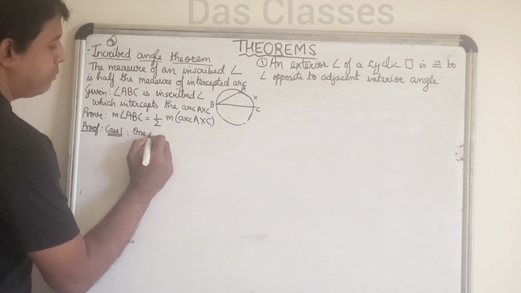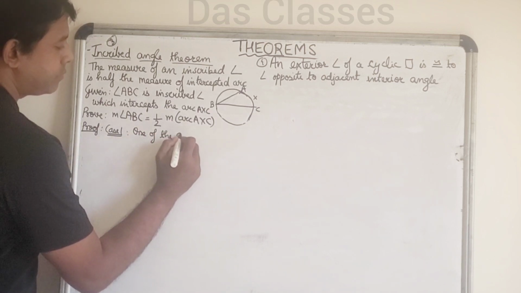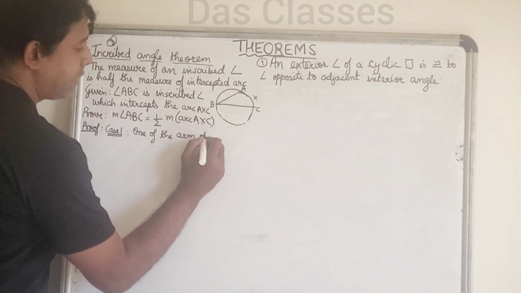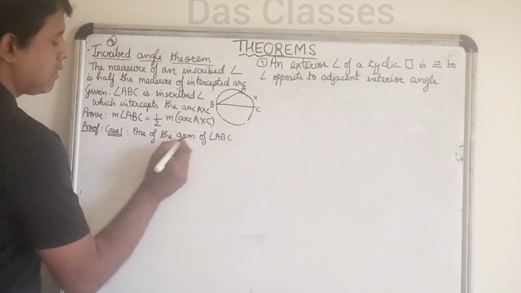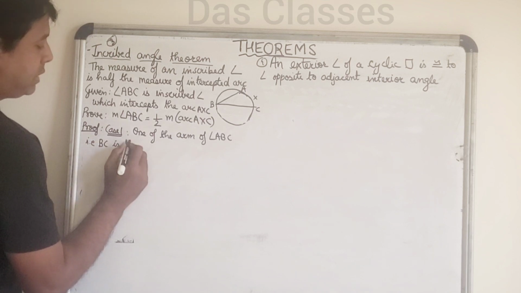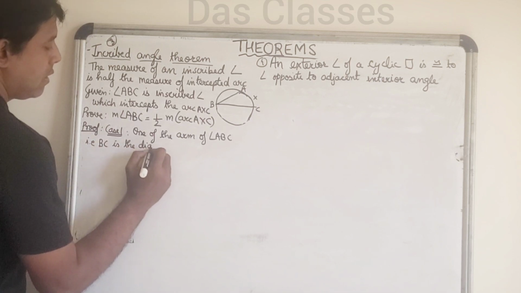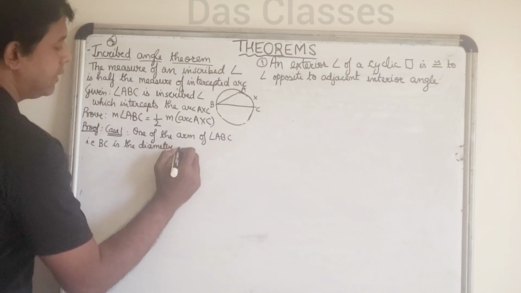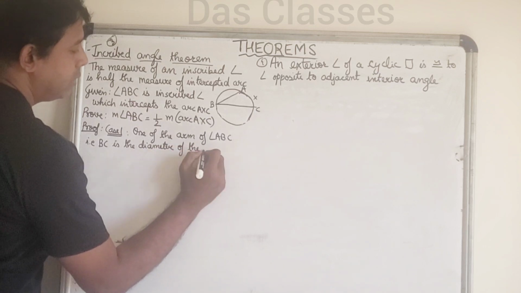One of the arms of angle ABC, that is BC, is the diameter of the circle.